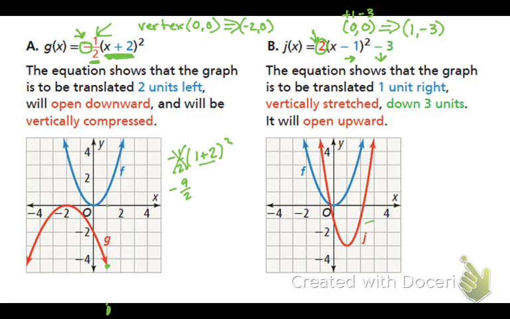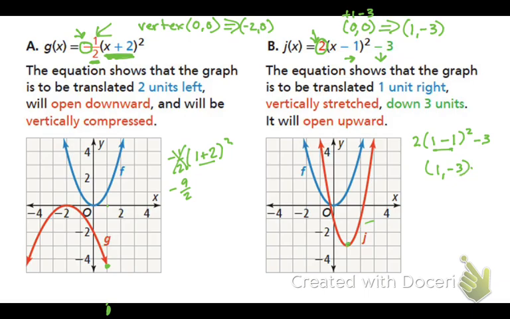That makes sense? Let's plug in 1 and see what happens. 2 times (1 minus 1) squared minus 3. So 1 minus 1 squared is 0, and I get negative 3. So I plugged in 1, got negative 3.